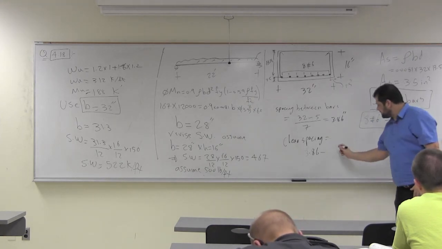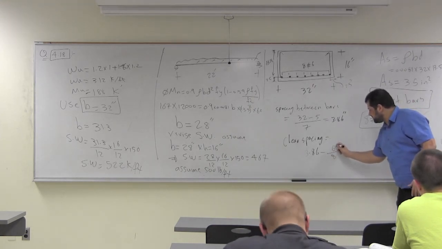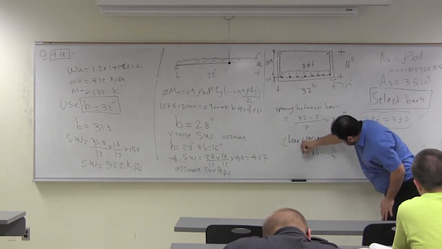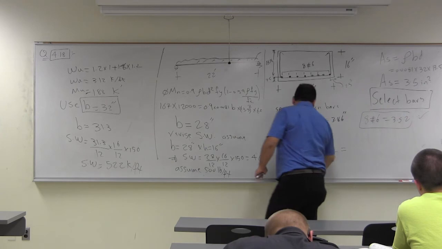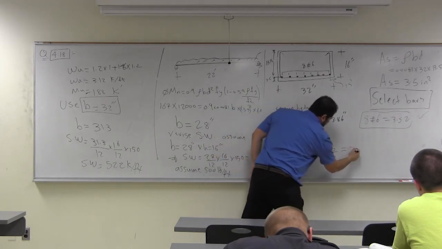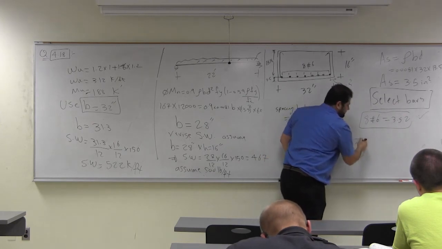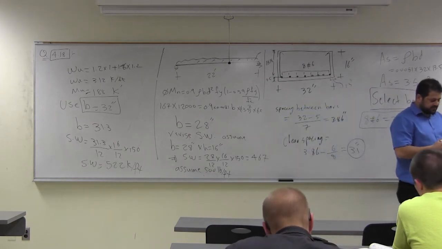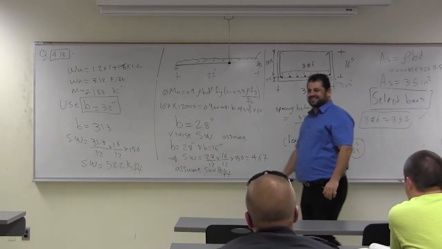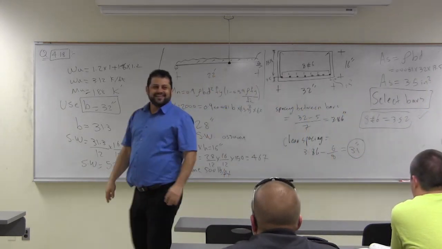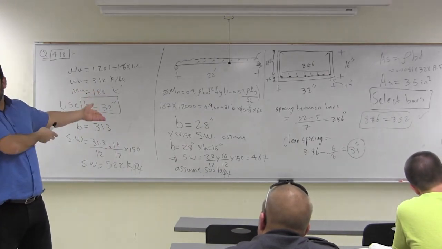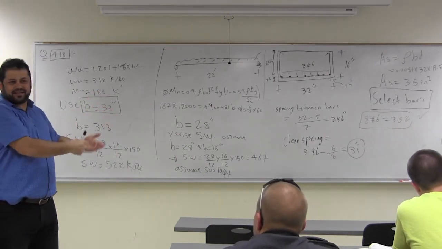So minus 6.8. That's 3.68. How much? 3.1. Is this good or not good? Yeah. Why? Well, it's more than 2.5 inches. Smart. Even if you have no clue what the spacing is supposed to be, this is more than the cover. If it's more than the cover, it should be good.